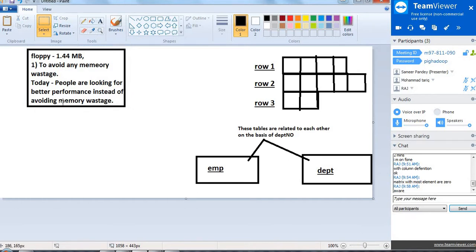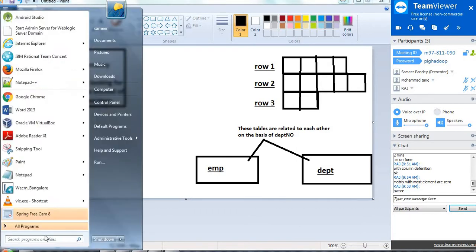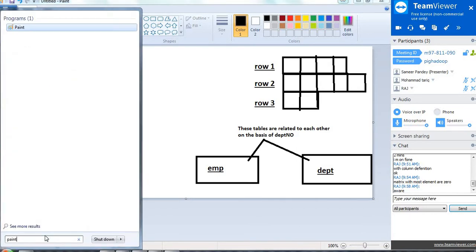Okay, now again I'm going back to the first point. To avoid any memory wastage, let me create one more image.